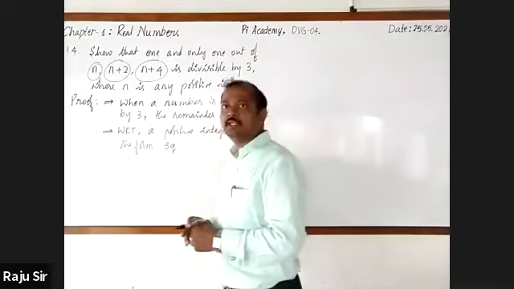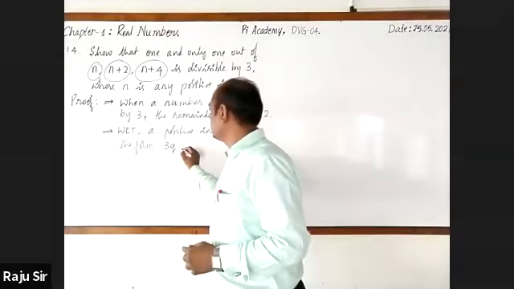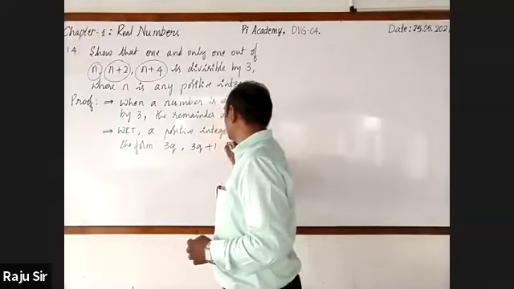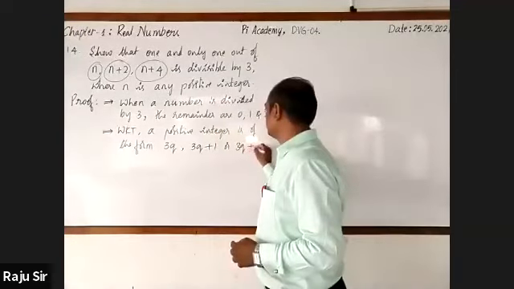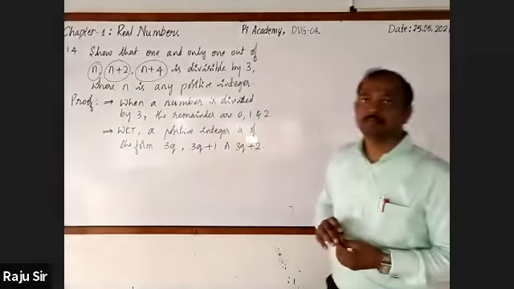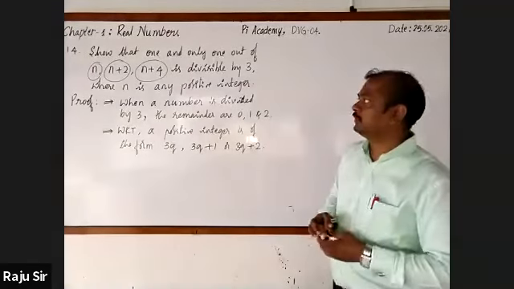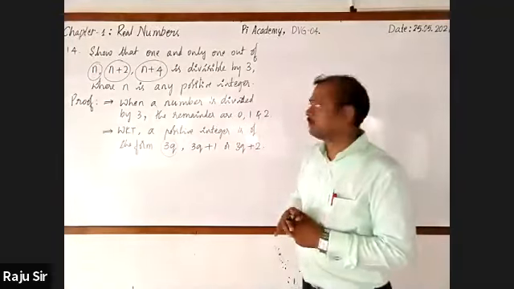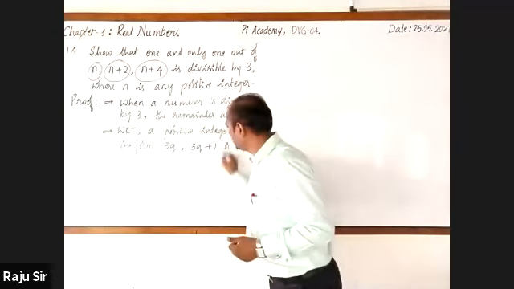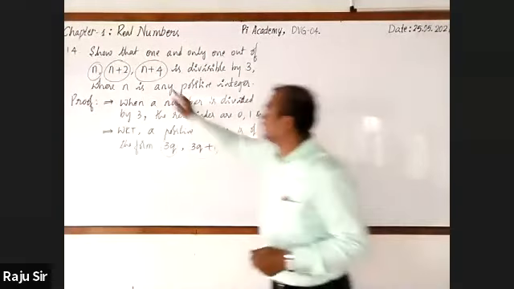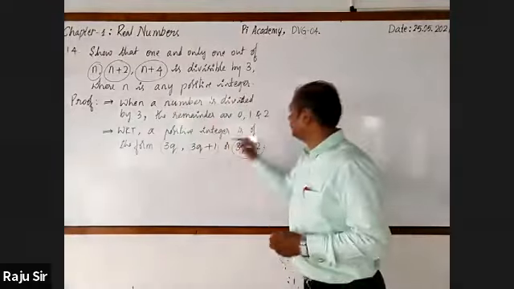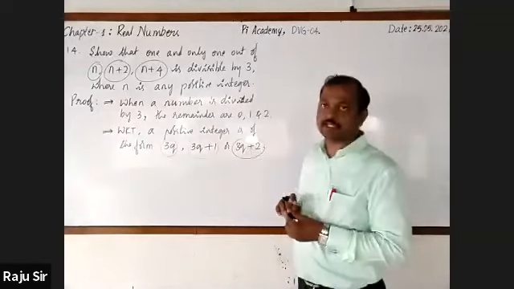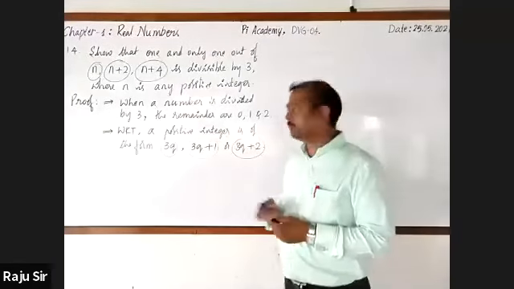Let us take all the possibilities. So n may be 3q, or 3q plus 1, or even 3q plus 2. So we have 3 possible cases. Let us go one by one.